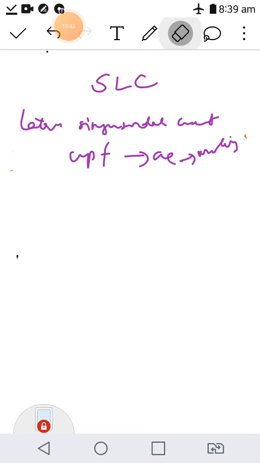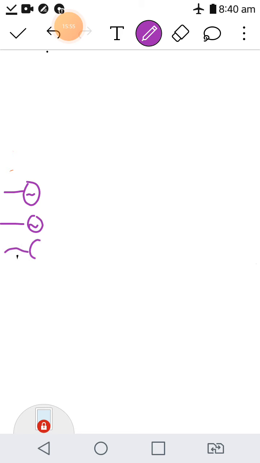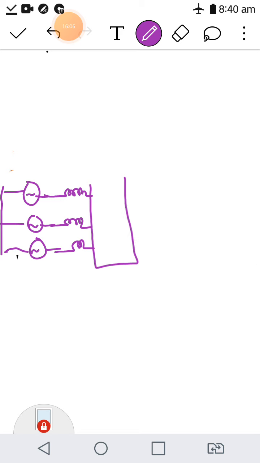Okay, so now let's see the basic structure of an SLC fed induction motor drive for braking. So this is the diagram. You have the AC 3-phase supplies available. First this is the SLC arrangement, an inductor connected to one PWM inverter number 1.